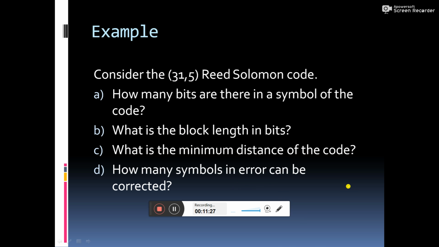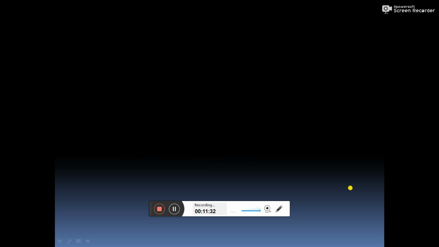Now the next question is, how many symbols in error can be corrected? That is the t. So now we have to calculate the value of t, the number of correctable symbols. We have the relation d minimum is equal to 2t plus 1, and we got the d minimum value equal to 17.